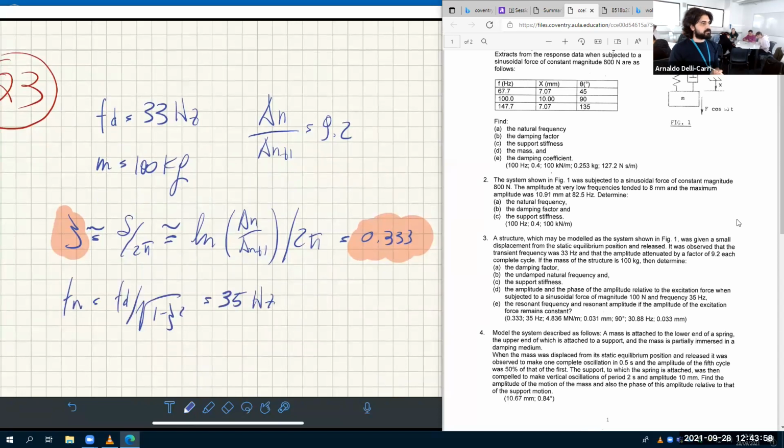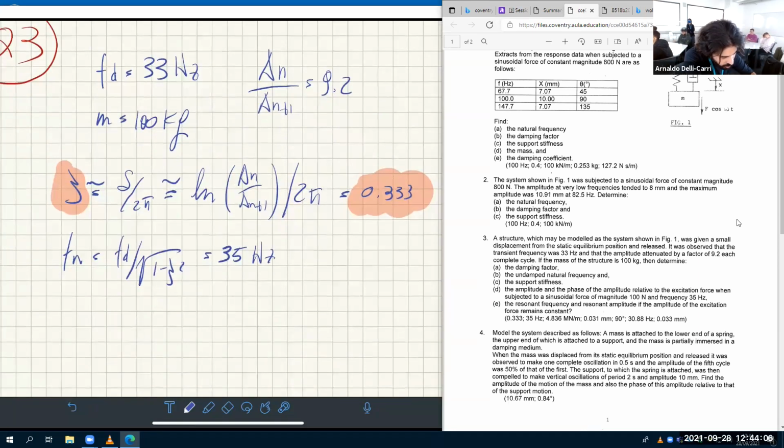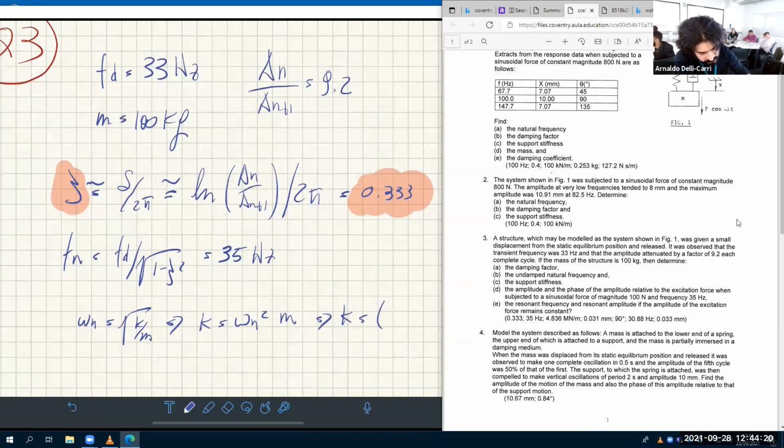Support stiffness. How do we find the support stiffness? Well, we know the mass, we know the natural frequency. We know that omega n is the square root of k over m. And so that means that k is omega n squared times m. And omega n is 2 pi f, so k is 2 pi fn squared times m.